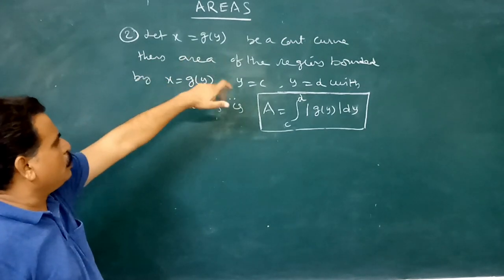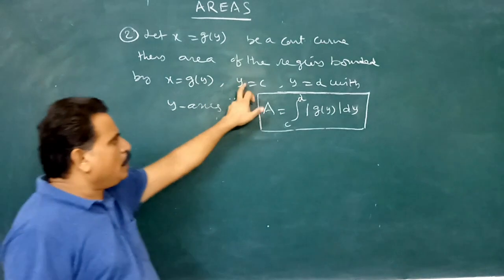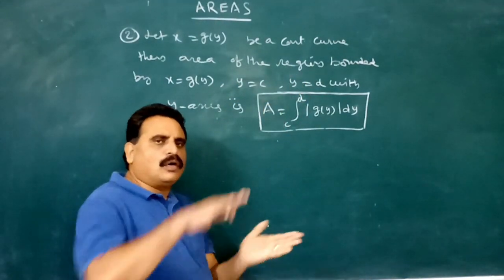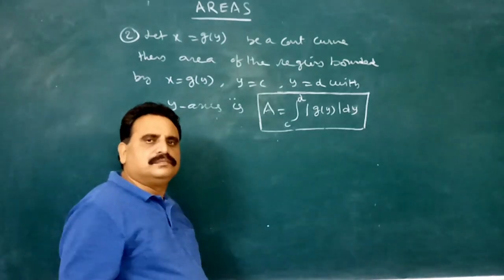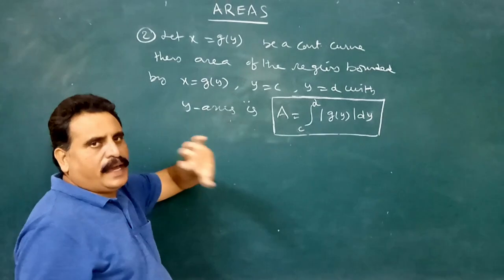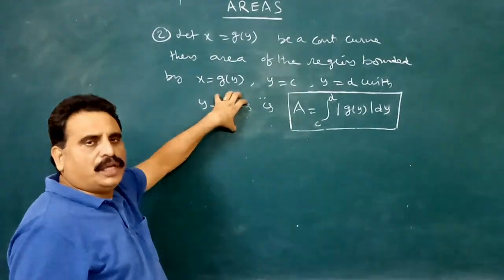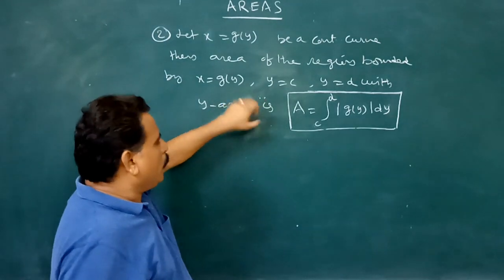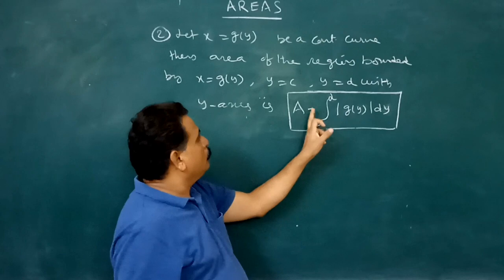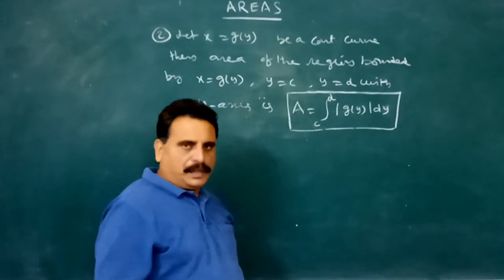Then the area of the region bounded by x equal to g of y, y equal to c and y equal to d, that means two horizontal lines, with the y-axis is A equal to integral c to d mod g of y dy.